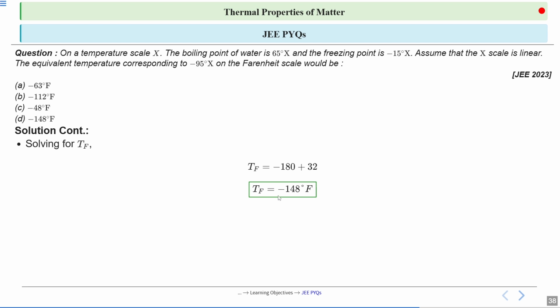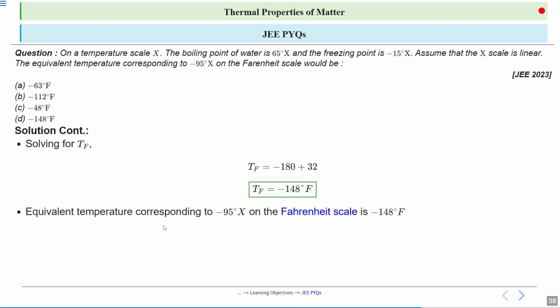So it will be minus 148 degrees Fahrenheit. So the equivalent temperature corresponding to minus 95 degrees X on the Fahrenheit scale would be minus 148 degrees Fahrenheit. So this is our correct answer. The D option is correct.